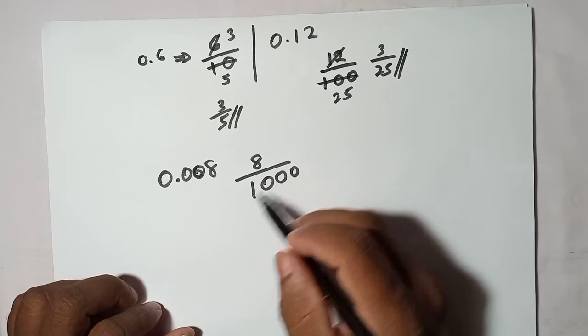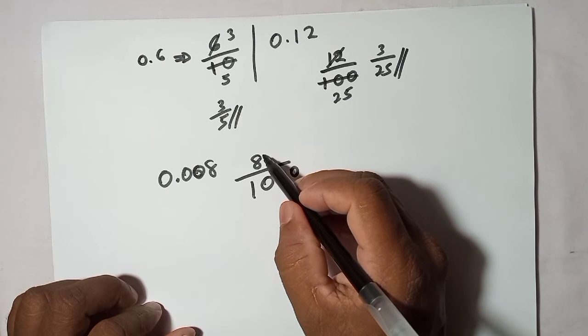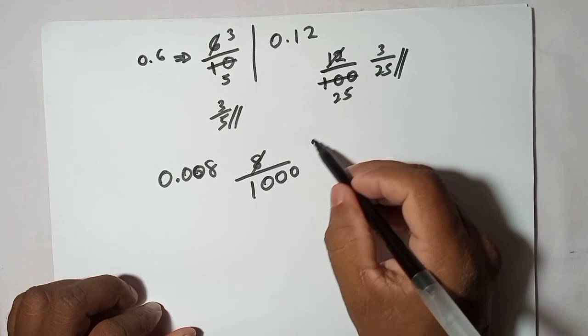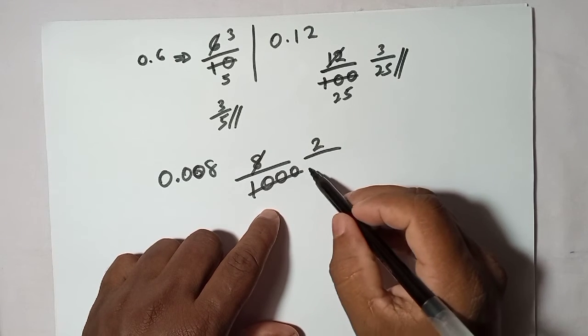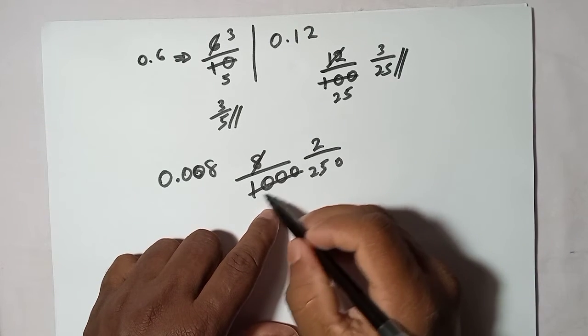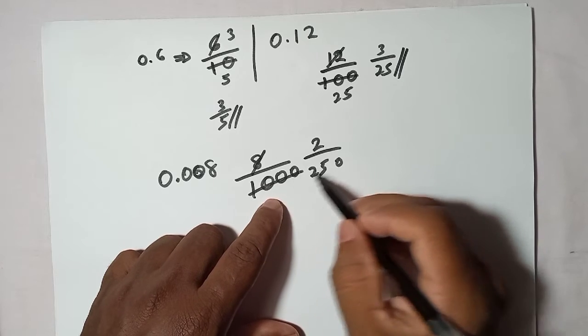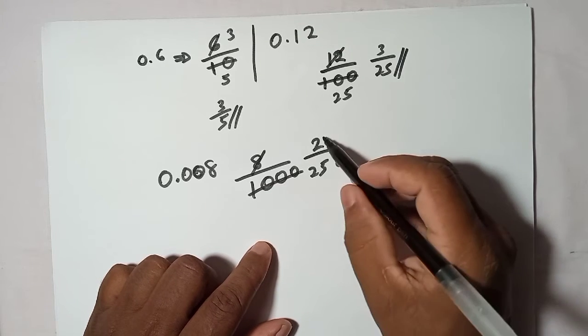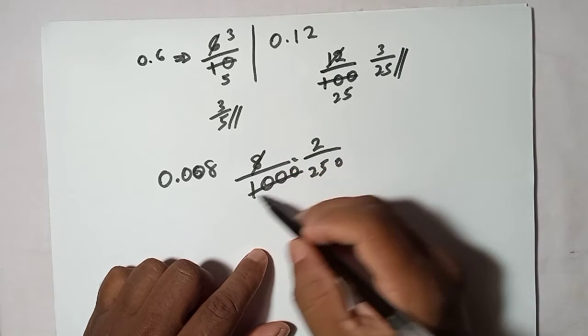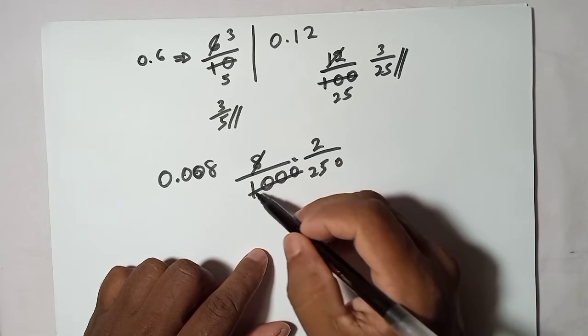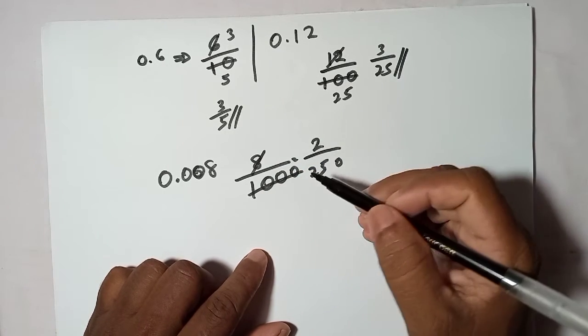Then you can cut down again by 4. If I cut 4 here, it's 2, and if you cut down by 4 here, it will be 250. How many 4s are there in 10? 2. Actually you can divide both by 8, but it's okay, use whichever method comes to your mind.